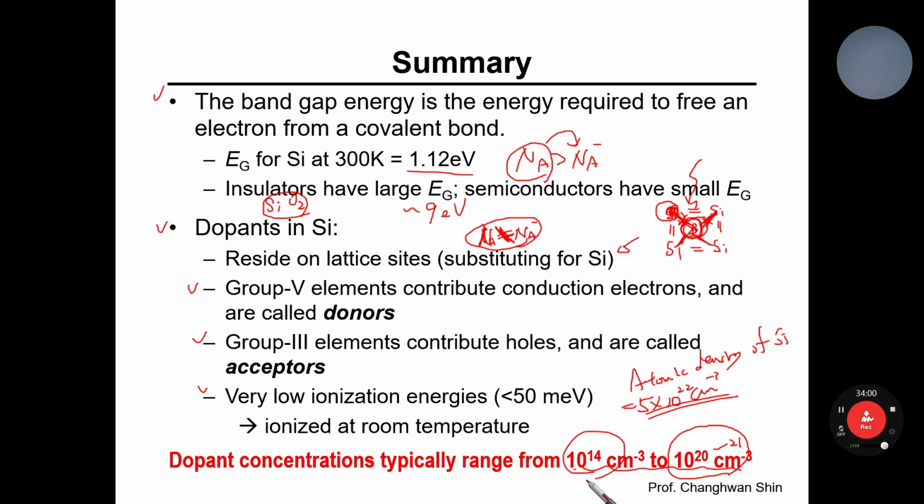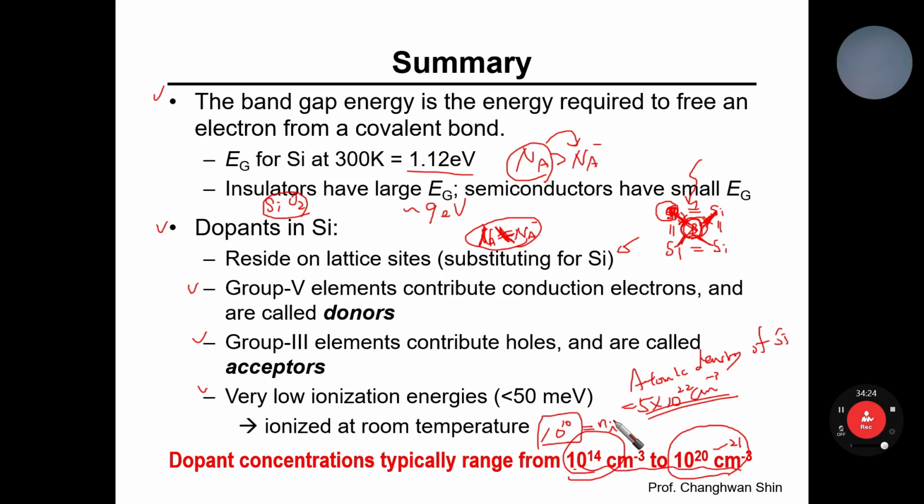What about the lower boundary of the doping concentration? Herein I use 10 to the 14. Why 10 to the 14 instead of 10 to the 10? 10 to the 10 corresponds to n sub i, right? N sub i means that without any dopant atoms, the silicon material can have free electrons and free holes at room temperature.